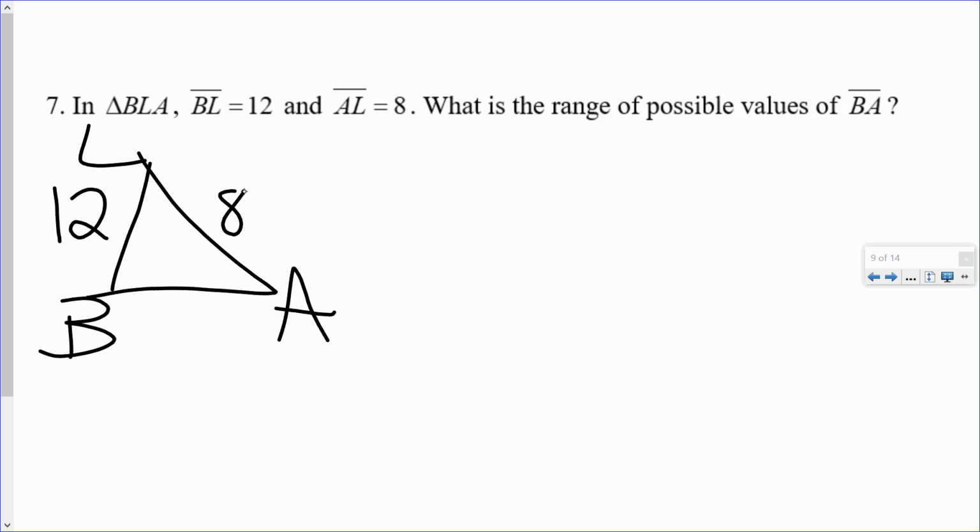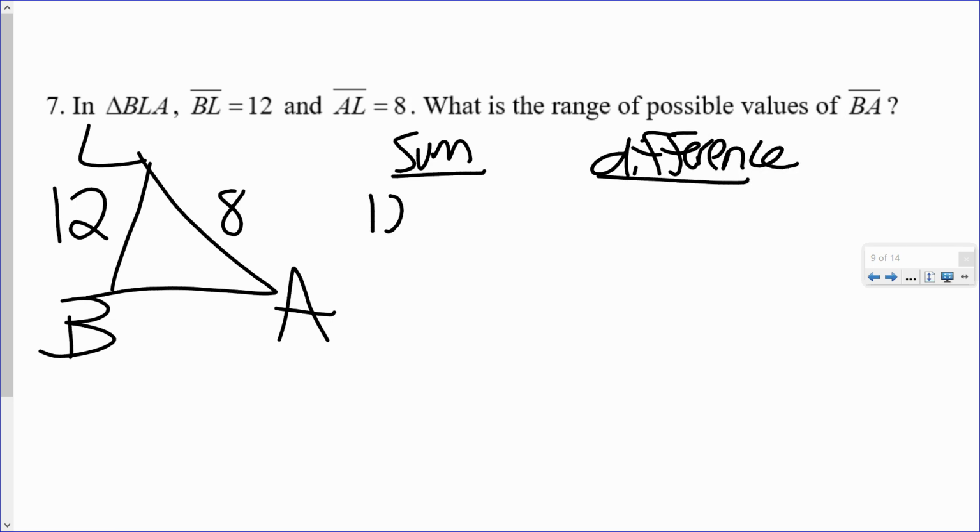Here's how we find the range of possible values for the third side. We find the sum, we find the difference of the two sides I already have. So I do 12 plus 8, I do 12 minus 8. 12 plus 8 is 20, 12 minus 8 is 4.